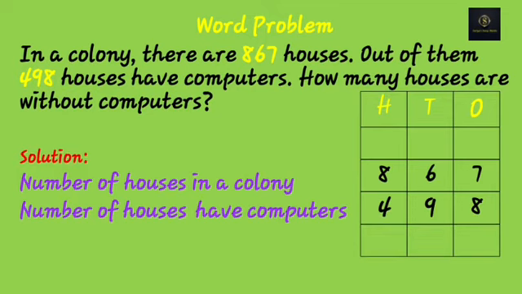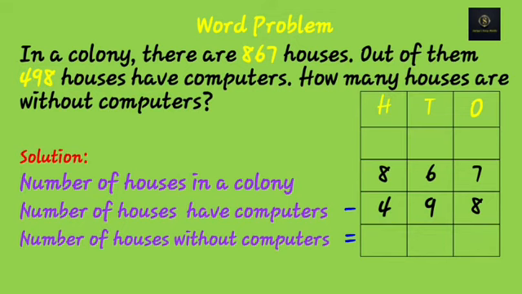That is 8 in the ones column, 9 in the tens column and 4 in the hundreds column. Now what we have to find out? Yes, number of houses without computers in a colony. So our third statement will be number of houses without computers.